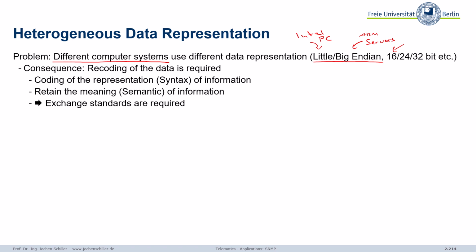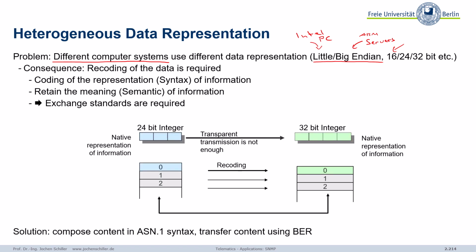So we need certain exchange standards. And one of the ideas here is that we describe the content in an abstract notation. It's called Abstract Syntax Notation 1. And the idea was, there will be 2 and 3 and whatever. Okay, but it stayed with this 1.